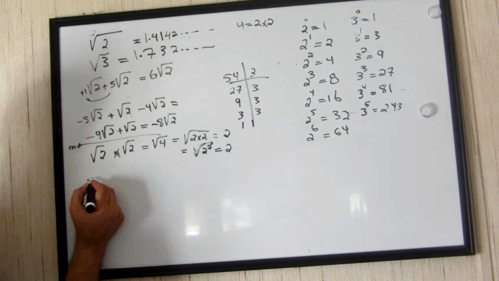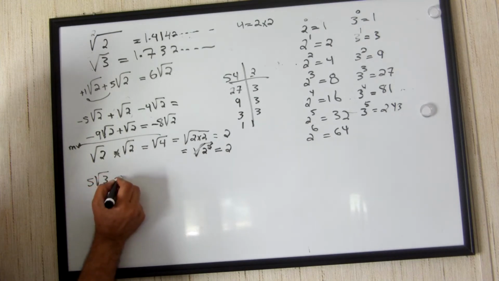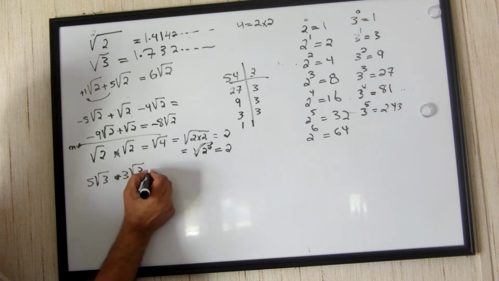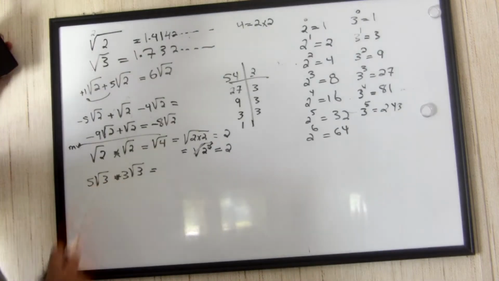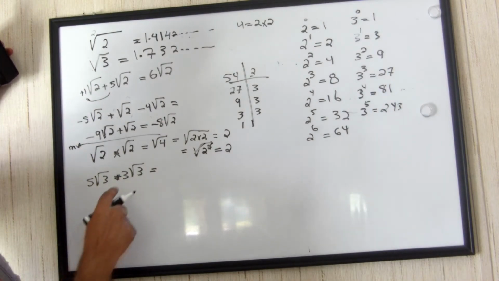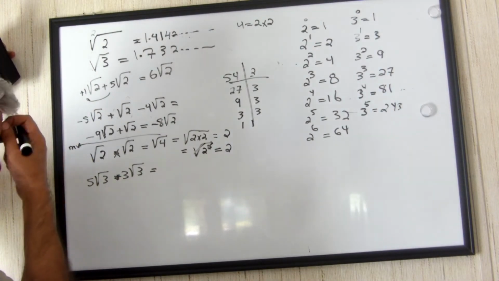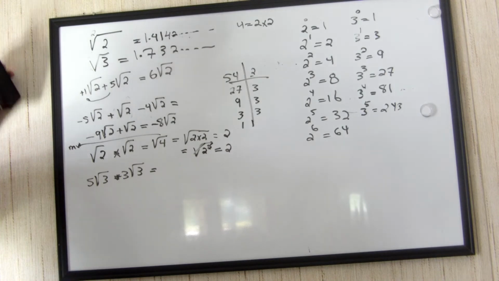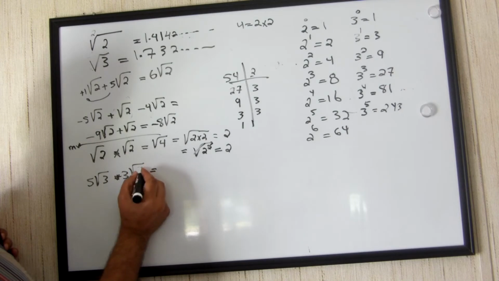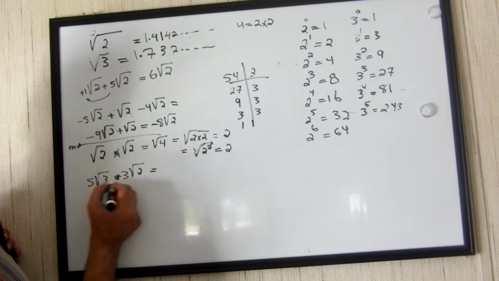How about 5 square root of 3 times 3 square root of 3? See, these are a square root of 3. Okay, now we can multiply together. Or suppose this one is square root of 2, to make it a little complicated. This is possible too.